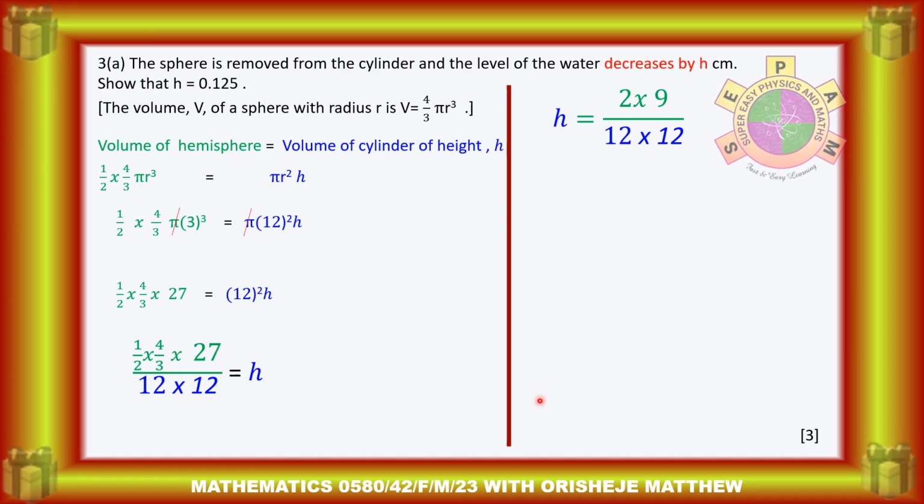Right, so the numerator is 18, the denominator 144. So if we cancel that out, it gives us 1/8, then express it in decimal. So that has been proved. So we have a 3 mark. Let's go to the next question.